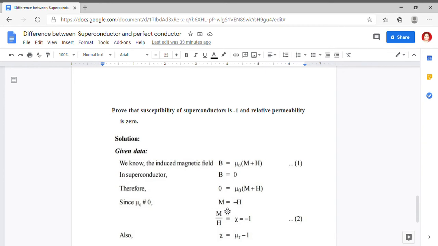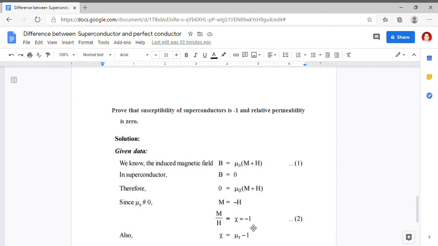From here, I can obtain the susceptibility of superconductor. Susceptibility is defined as the ratio of M and H. From here, I get M by H to be minus 1. So, this shows that superconductors are diamagnetic in nature.